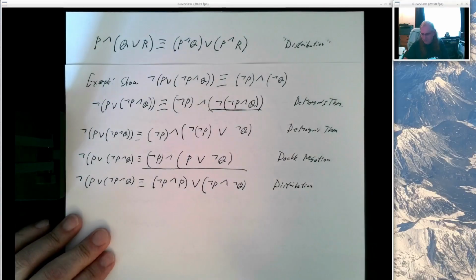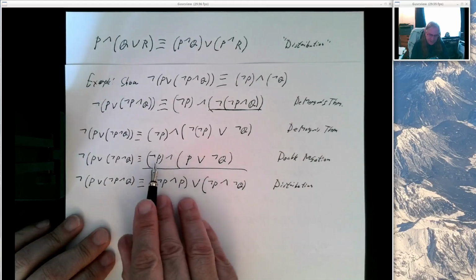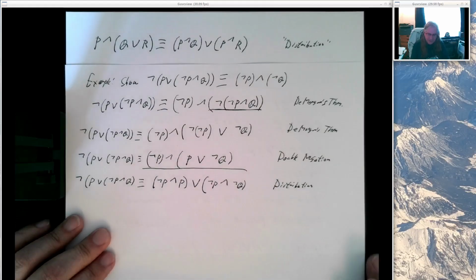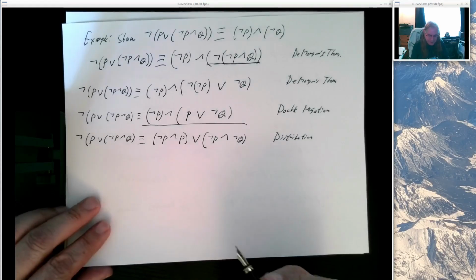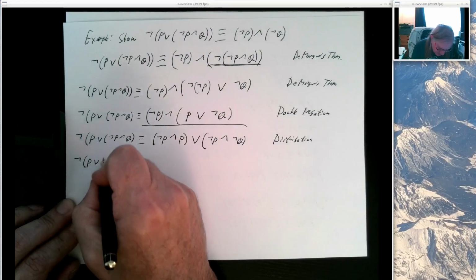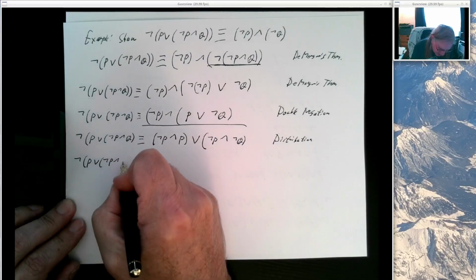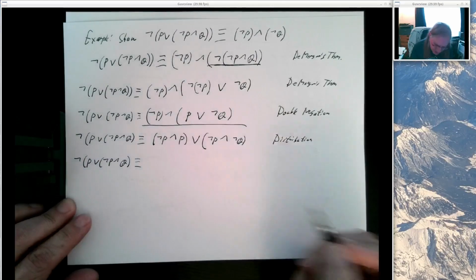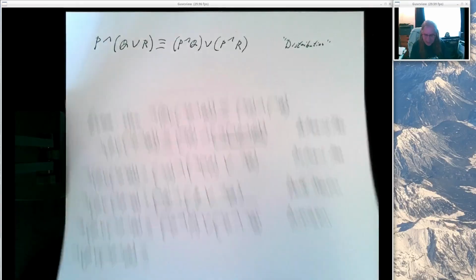If that didn't make sense, go back to the triangle, square, and circle, and plug in this for the first thing, this for the second, this for the third. So there's my distribution. Let's keep going. Not P or (not P and Q) is logically equivalent to, well, (not P and P).